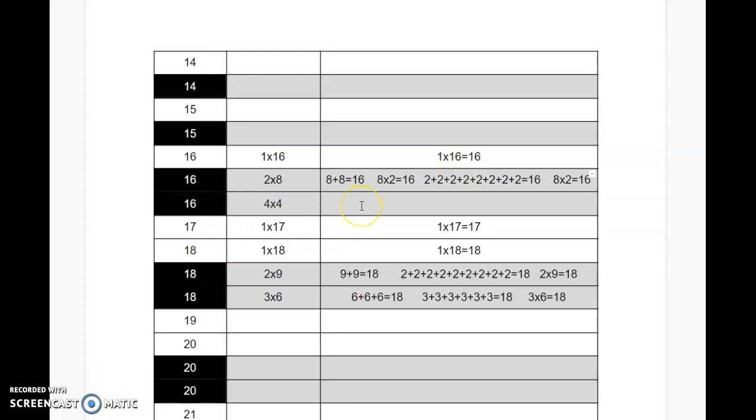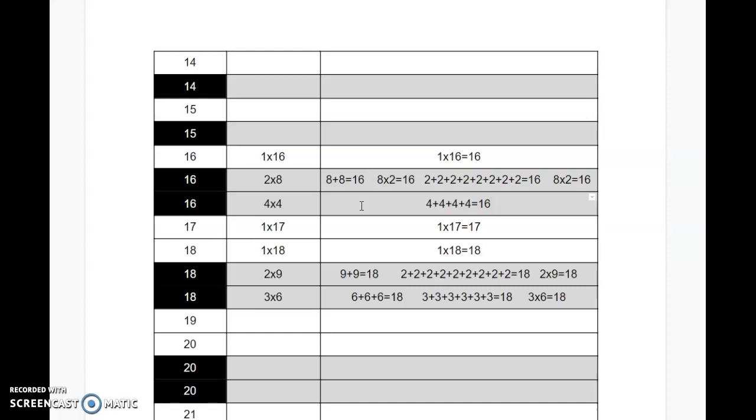Now let's fill in our last equations. How many rows did you see? And how many tiles were in each row? Well, we saw 4 rows of 4 tiles. So 4 plus 4 plus 4 plus 4 to equal 16. Well, we also saw 4 columns of 4.